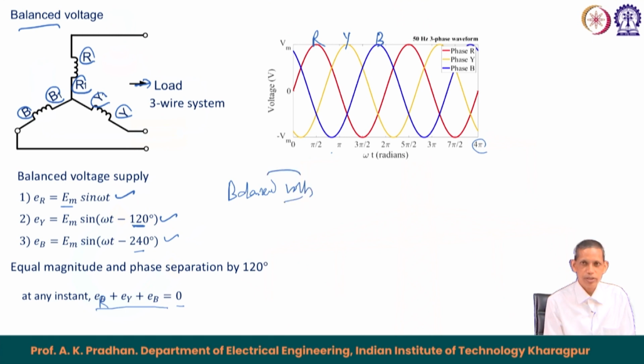What do we mean by balanced here? All have the same magnitude, the same peak value and the same RMS value E m by root 2, and they have 120 degree separation from each other between R and Y, between Y and B, and between B and R. Such a system is called a balanced voltage system.